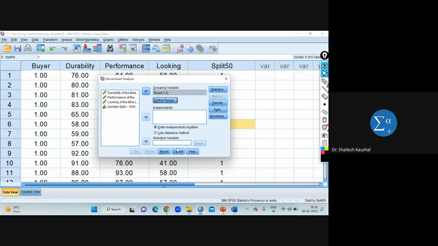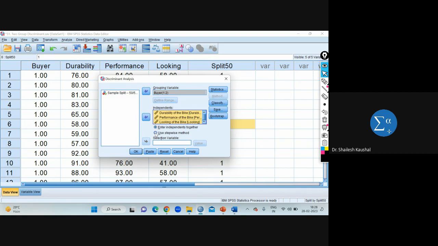Now select all the 3 independent variables: durability, performance, and looking of the bikes, and transfer them into the independents. And here tick this button, use stepwise method, because the stepwise method will give us 3 models.